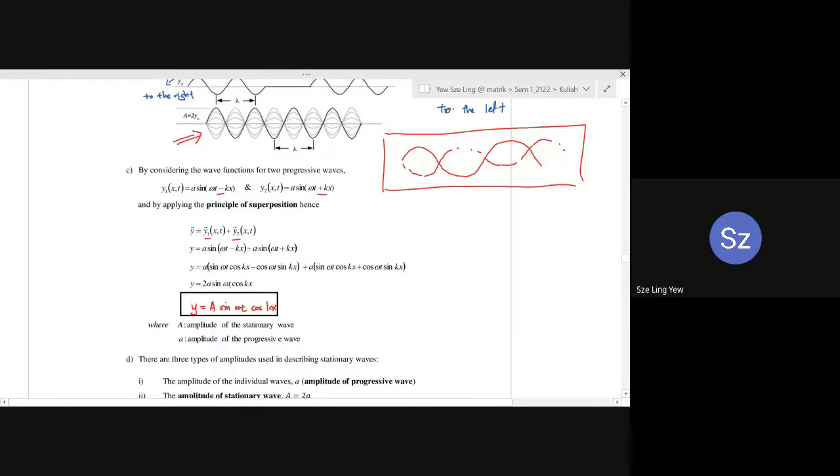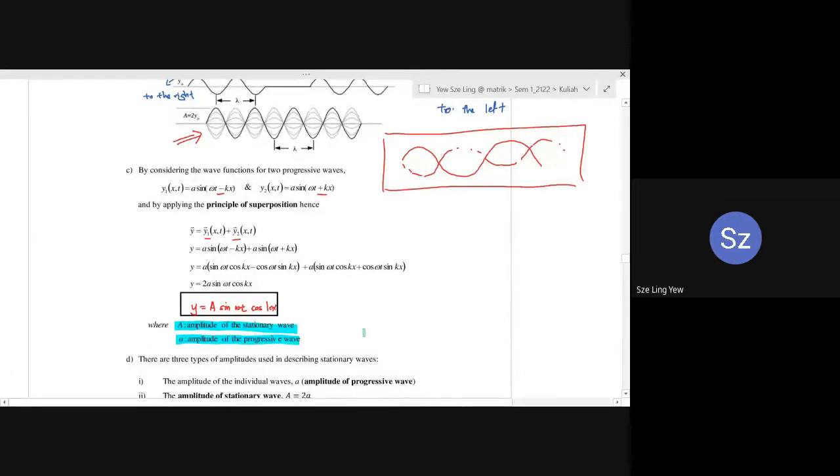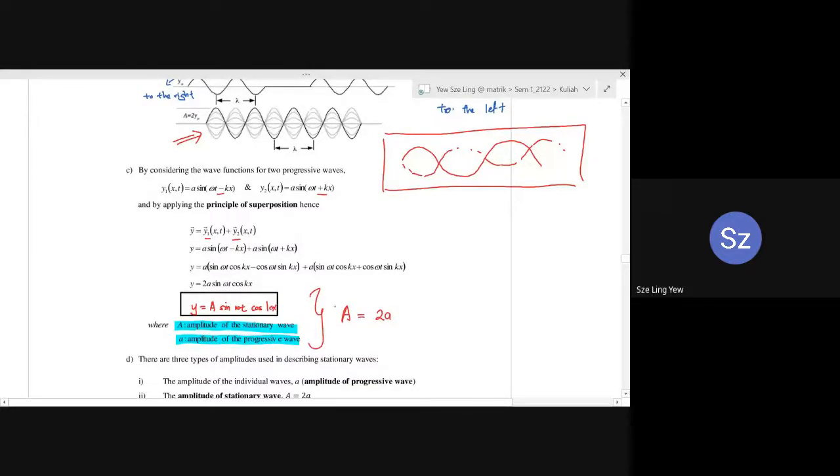When it comes to this stationary wave, you have two different A's, where capital letter A is the amplitude of the stationary wave and small letter a is the amplitude of the progressive wave. Quite often, questions will give you the equation of a progressive wave, and then ask you to form the equation for the stationary wave. So in this case, you have to know that capital letter A is equal to 2 small letter a.